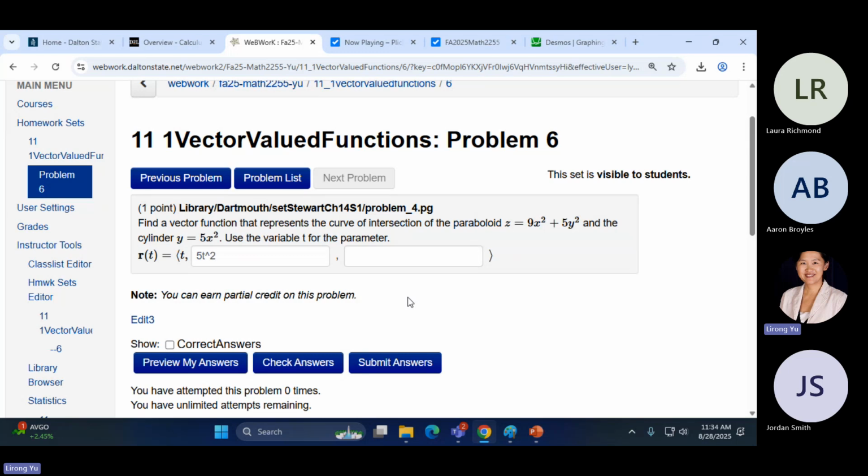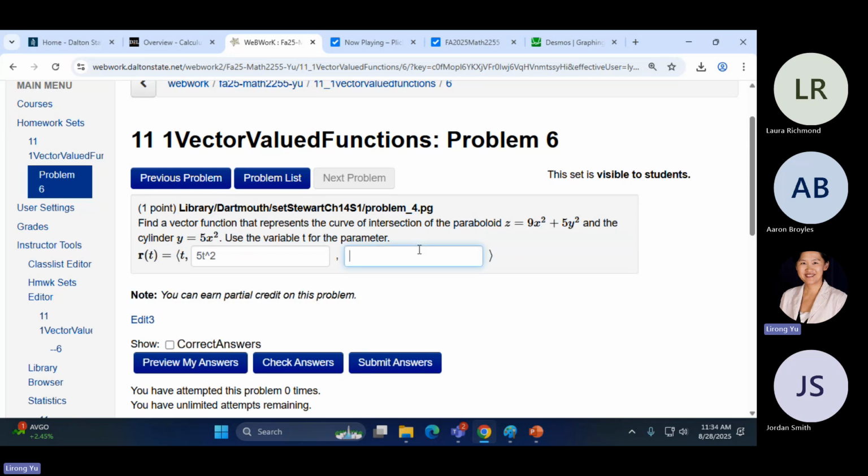So you're using all the information in the question to create a formula for x, a formula for y, and a formula for z. If the question already gave you a formula for x, then you use that x for y and z. That's the y value.